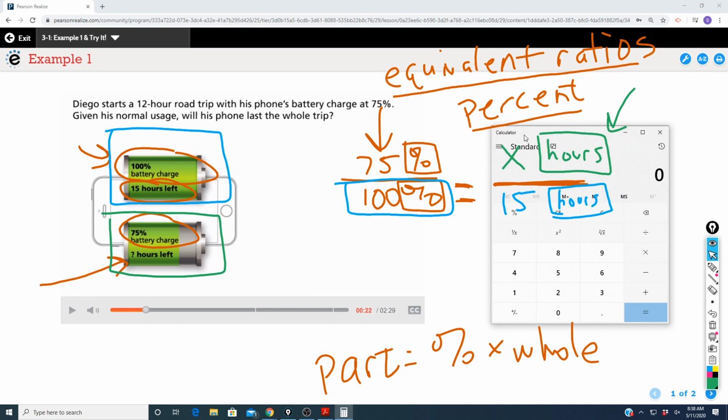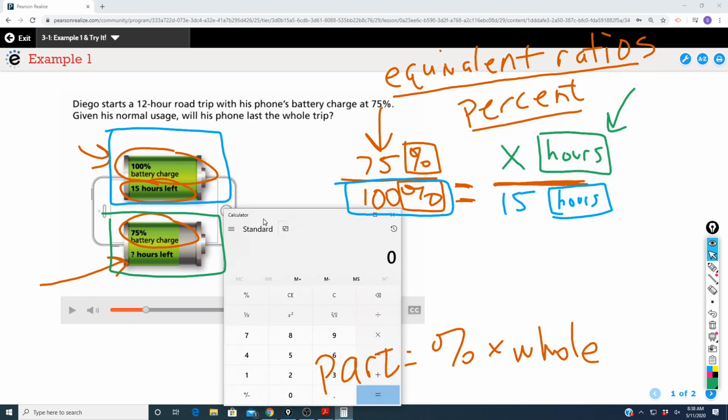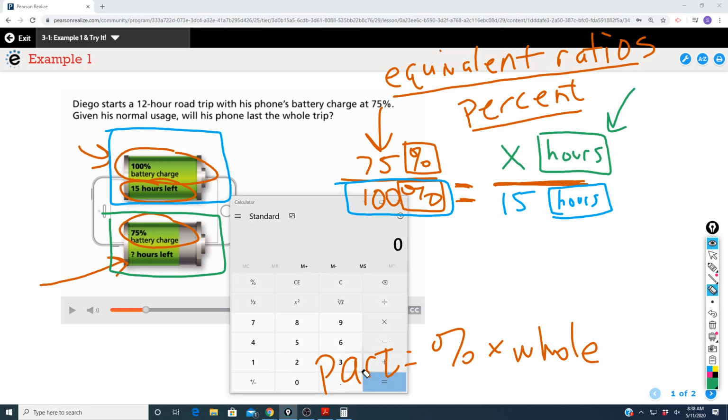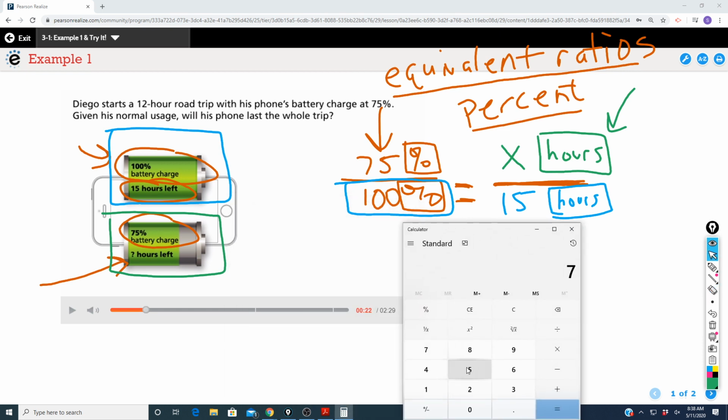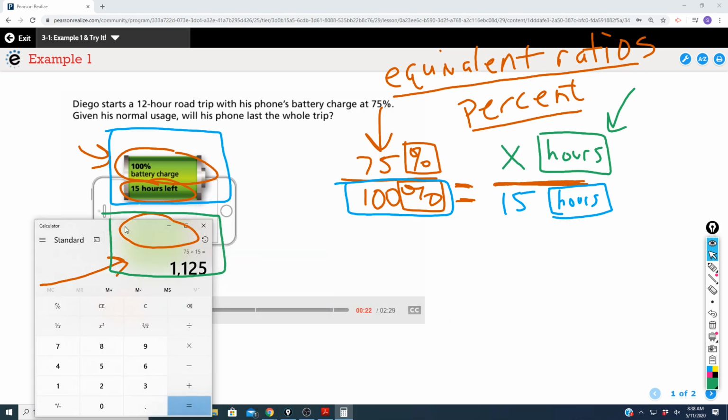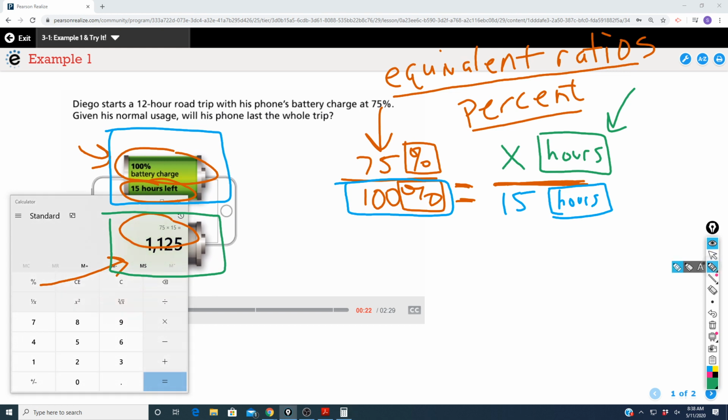Let me get this so it's not taking up the whole part here. If I take this down, there we go. So if I take 75 times 15, it's going to give me 1125, right? That's cross multiplying here.